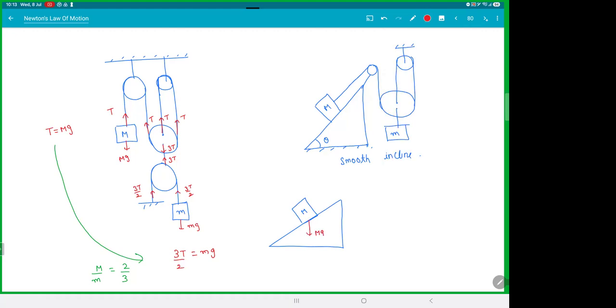If this was your mg, this was theta. This is also theta. That is 90 minus theta. So if you resolve the components, this will be mg cos theta. This component will be mg sine theta.